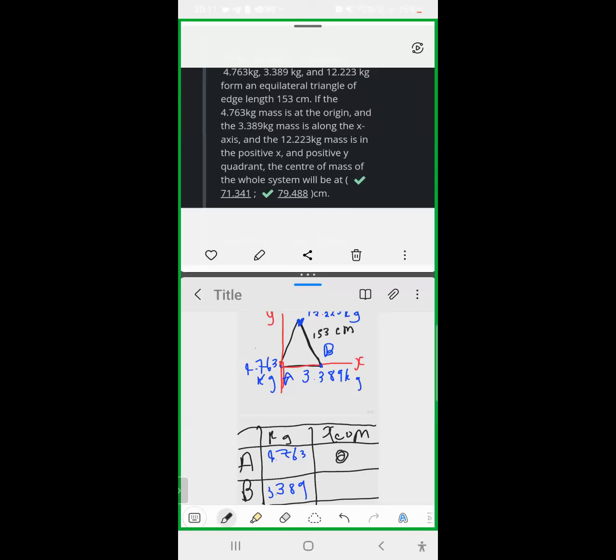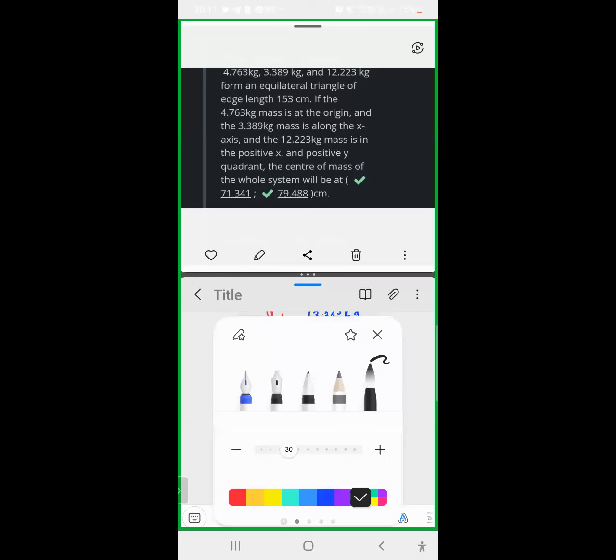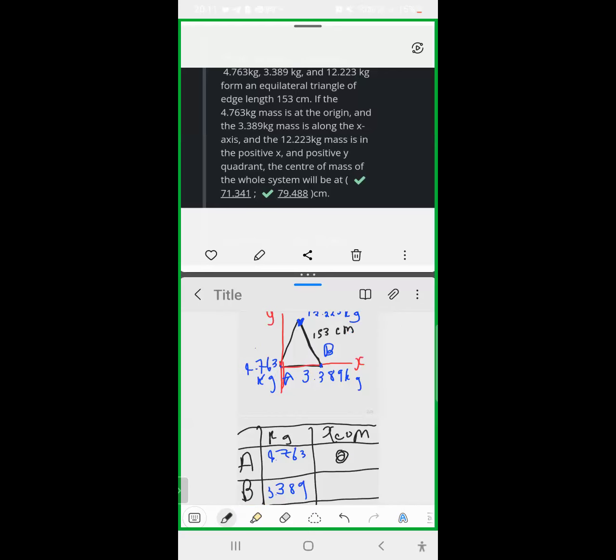And then at point B, we can see that it is located a certain distance from the origin. And since this forms an equilateral triangle, this base of the triangle will be 153 centimeters.